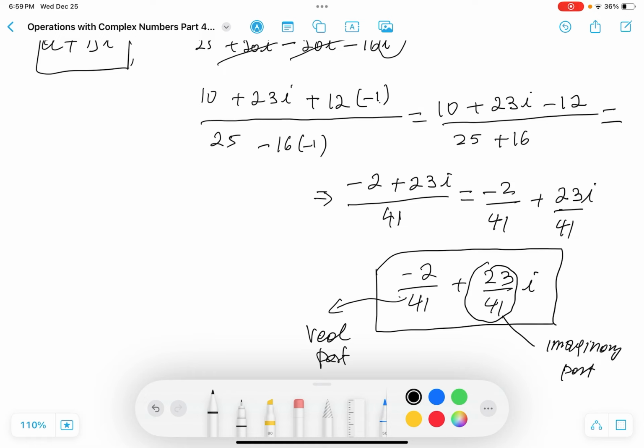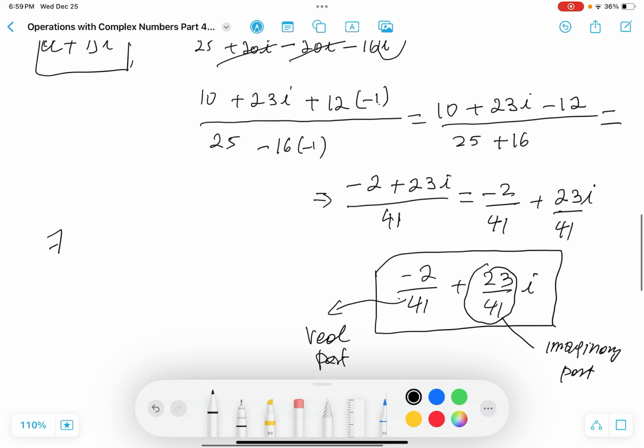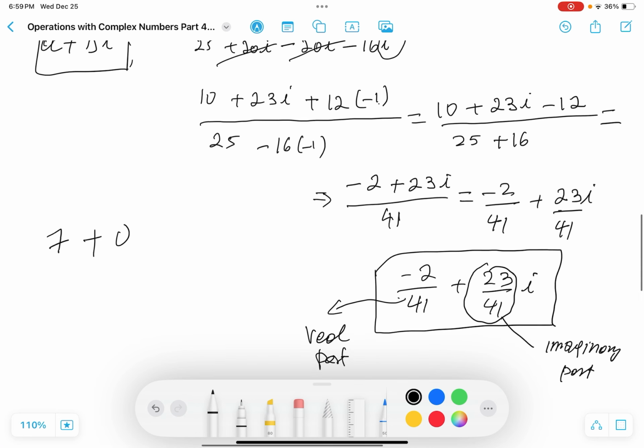Okay, can we make a real number into a complex number? Yes. Let's say we have a real number 7. How can I make this a complex number? I can make it 7 plus 0i. So the real part is 7, the imaginary part is 0.